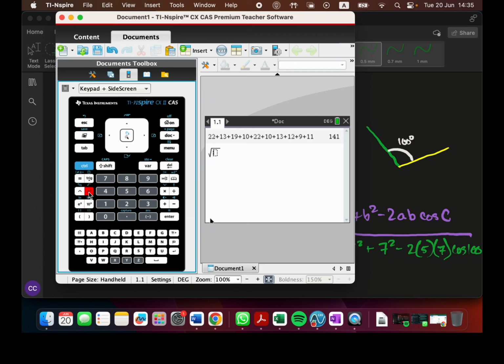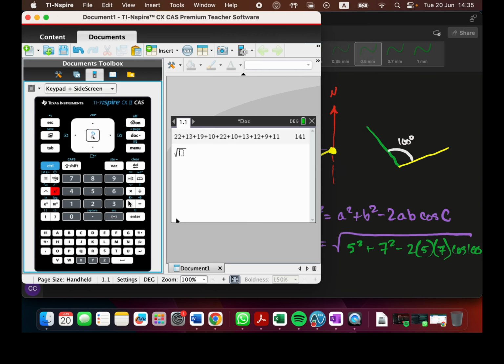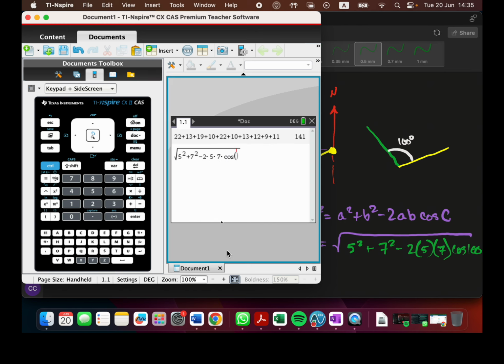So square root of 5 squared plus 7 squared minus 2 times 5 times 7 times the cosine of 100.